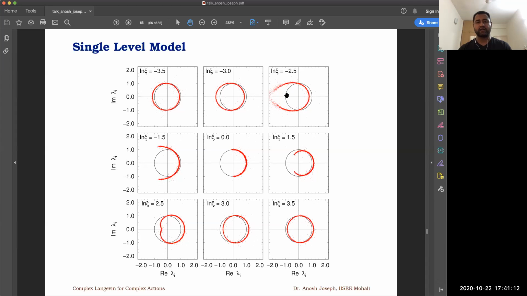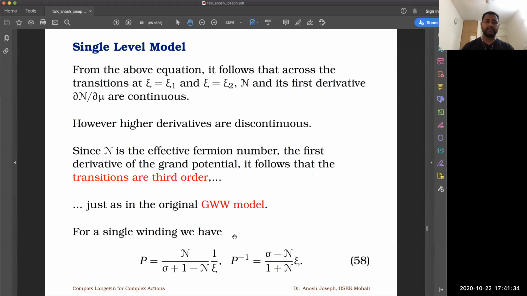It becomes an arc. Then again, the gap widens, then it becomes this, and again it is trying to close. So the gap closes. So it is going through a confined to a deconfined phase, and then again back to a confined phase. So that is what is happening.